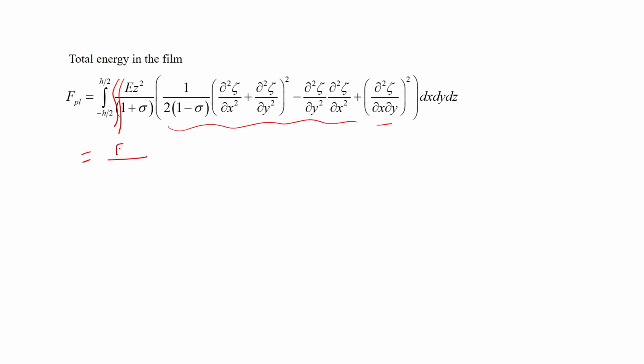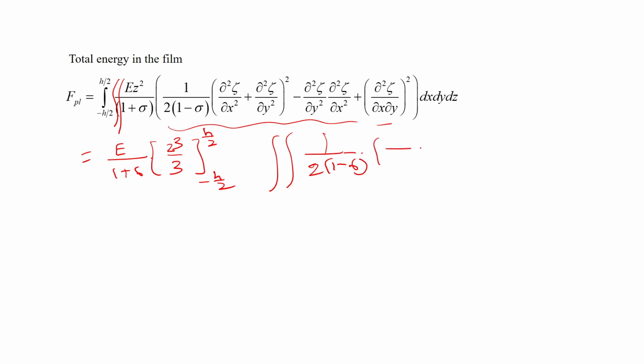So, this is E by 1 plus sigma into z cube by 3, right, and this is from minus h by 2 to plus h by 2, and then we have 1 by 2 into 1 minus sigma into del square zeta by del x square plus del square zeta by del y square, this is whole square, and then minus whatever we have here, I am not writing everything, and dx dy.